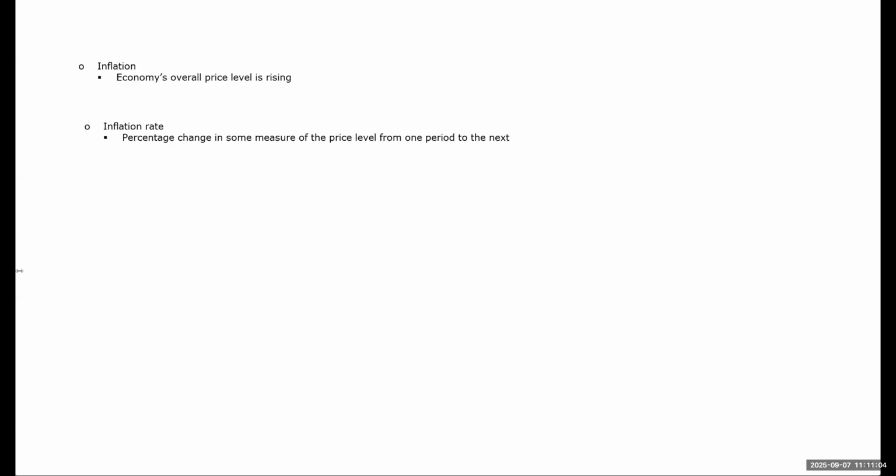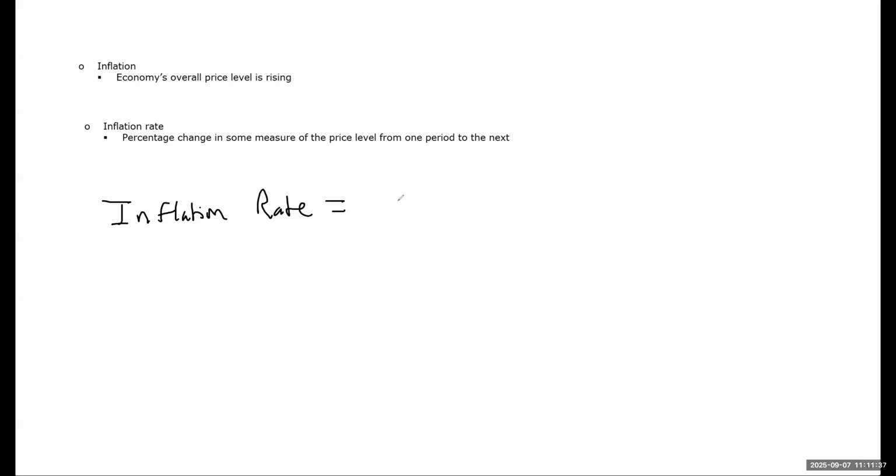So one measure of inflation rate uses the GDP deflator. We could measure the inflation rate, and one way is using the GDP deflator.